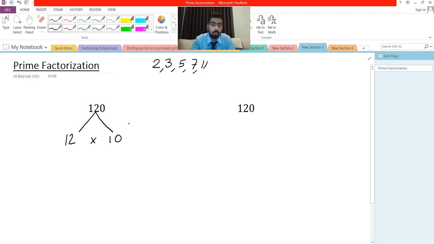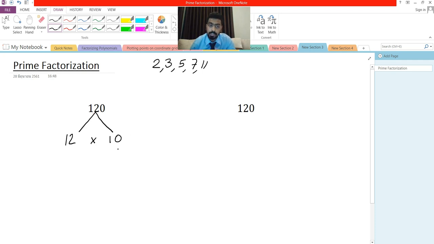Now we want to keep on pulling down the branches until all the numbers are prime numbers. Whenever we see a prime number, we put a circle on it and we will not touch it anymore. If we take a look at this, 12 and 10 are both not prime numbers, which means we can do more.